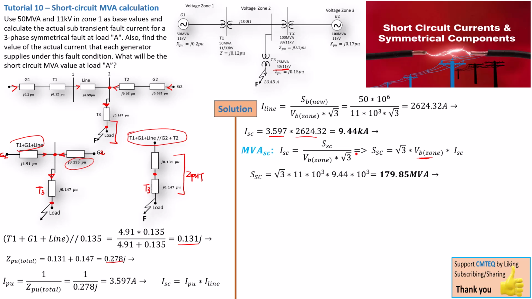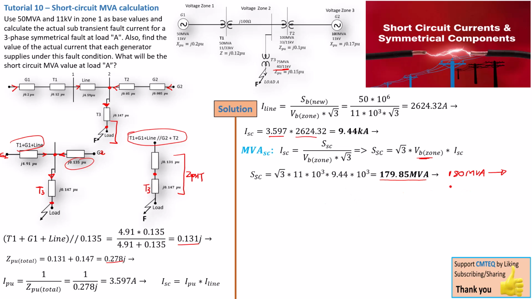So our S short circuit is the square root of 3 times 11 kilovolt times 9.44 kiloamps, and that gives us an MVA short circuit of 179.85 megavolt ampere, which we can round to 180 MVA of short circuit.